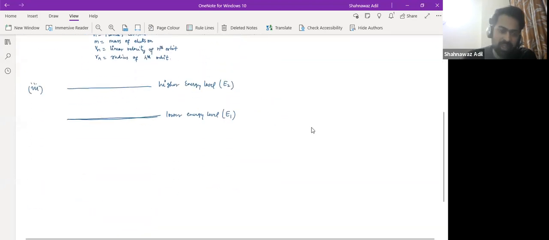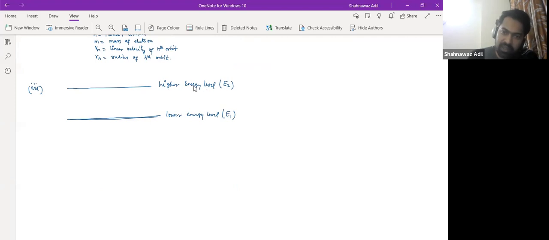Okay, so the third postulate states that let's say you have this higher energy level and then you have this lower energy level. If the electron wants to jump from this level to this level, from higher to lower, what will happen?